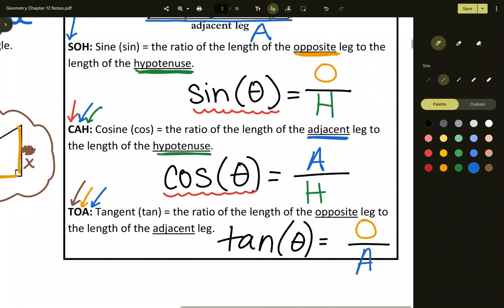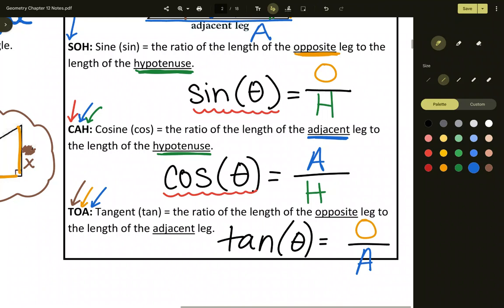So SOHCAHTOA is just a quick abbreviation to remember all of these formulas. These formulas are like saying, I've only got one triangle, but I need to figure out the missing part and I don't have something to compare it to. So let's let our calculator tell us what it should be equal to and then solve for that missing part.